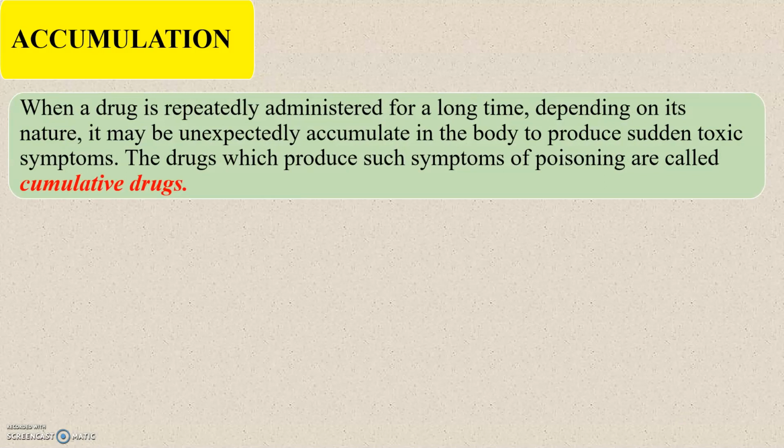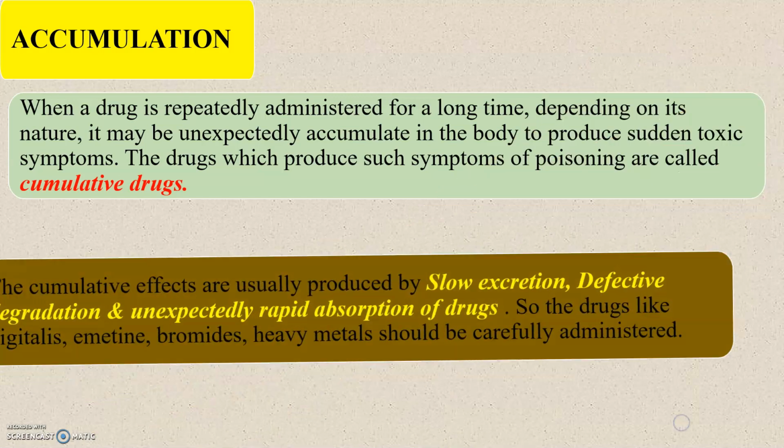Next factor influencing dose is accumulation. When a drug is repeatedly administered for a long time, depending on its nature, it may unexpectedly accumulate in the body to produce sudden toxic symptoms. The drugs which produce such symptoms of poisoning are called cumulative drugs.